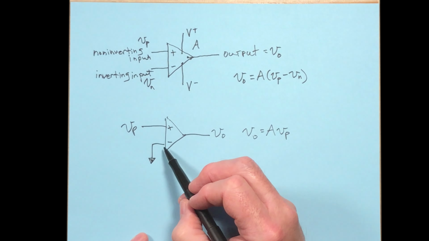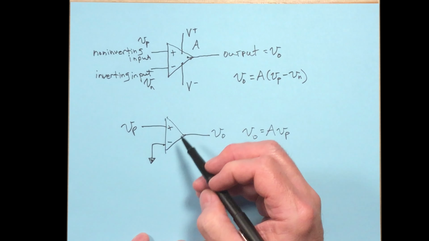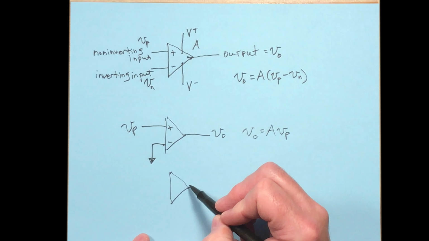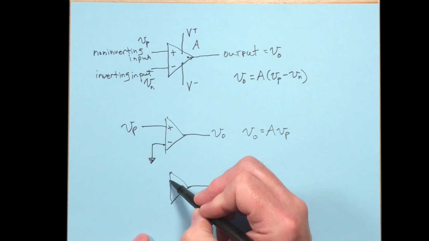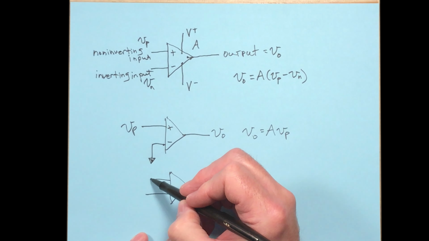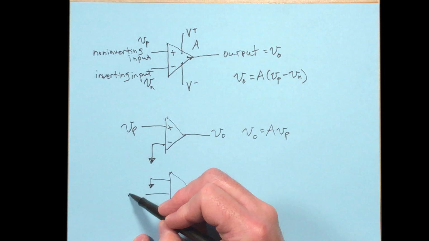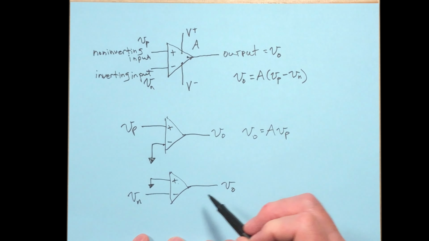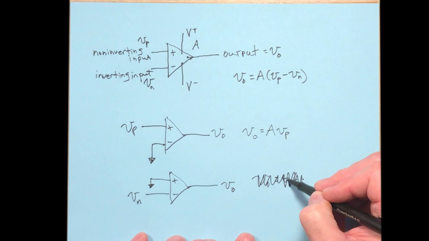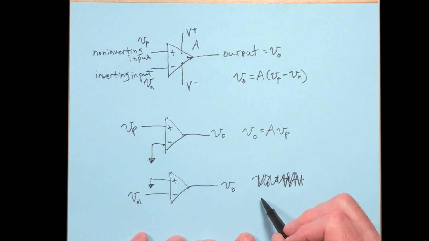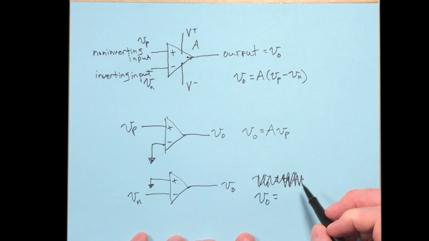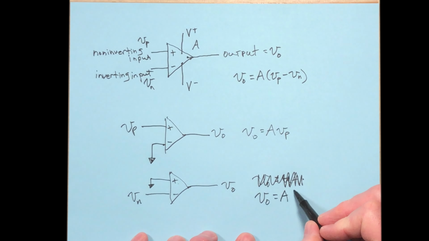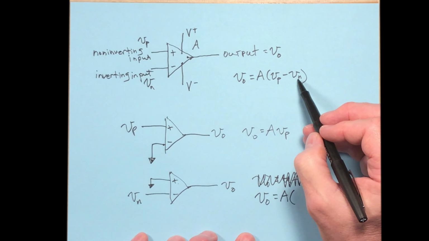Now, if you did that on the non-inverting side, so let's say we have this situation where this is the output, and now we've run this straight to ground, and we've still got Vn there. Okay, I made a mistake there. Let me start over. The output in this case is going to equal, once again, A times the difference, Vp minus Vn.